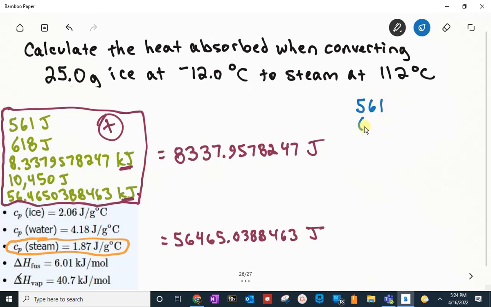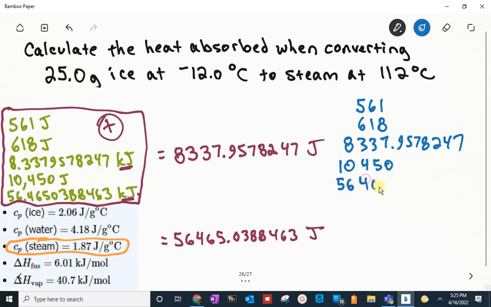So now that we have these values, we can just add up 561 joules plus 618 joules plus 8,337.9578247 plus 10,450 joules plus 56,465.0388463.